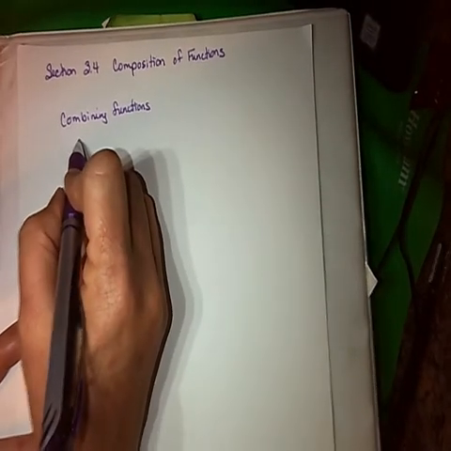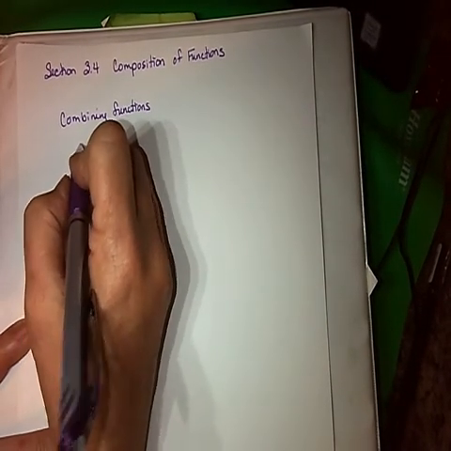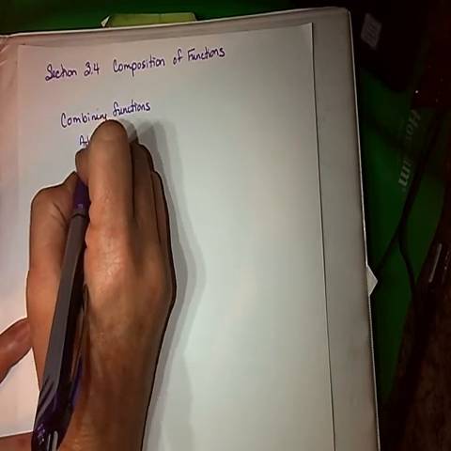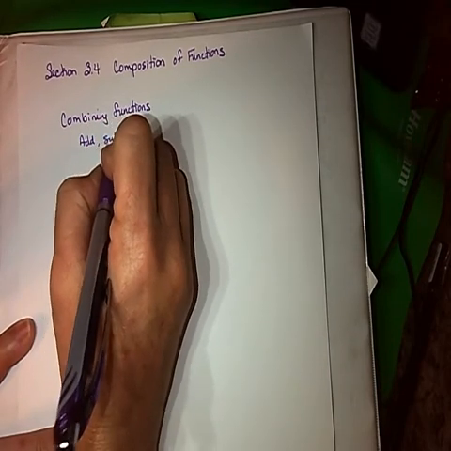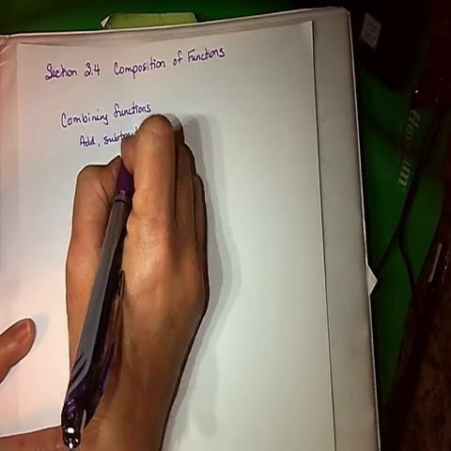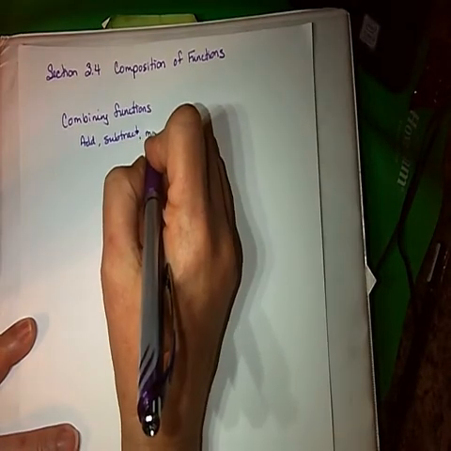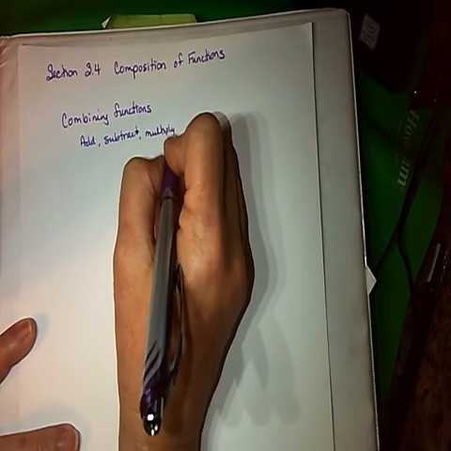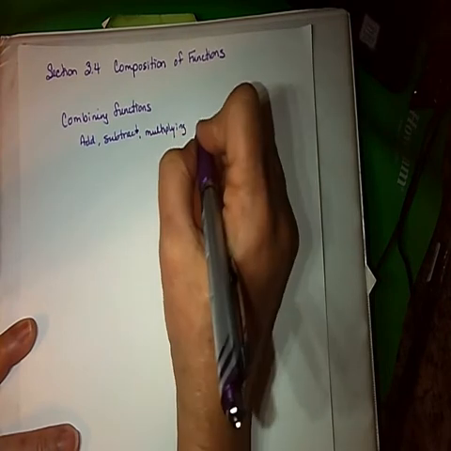The first way we're going to look at combining functions, or the first few ways, is by adding, subtracting, multiplying, and dividing.